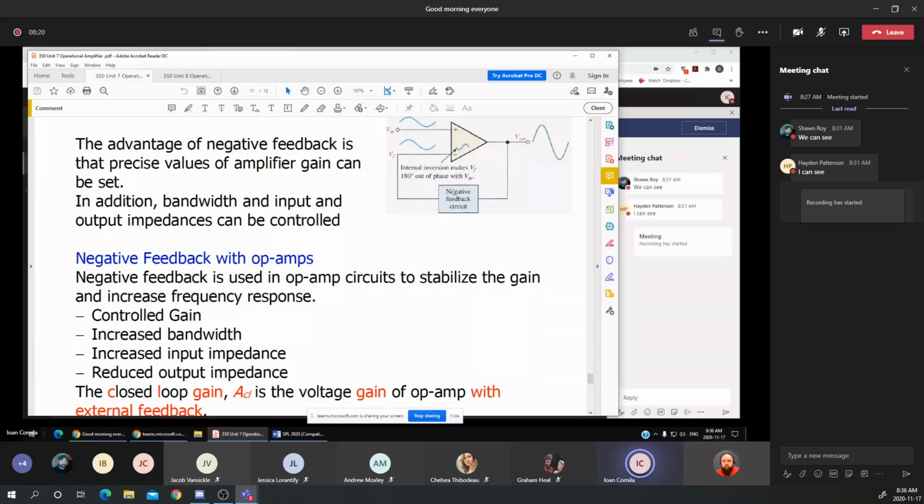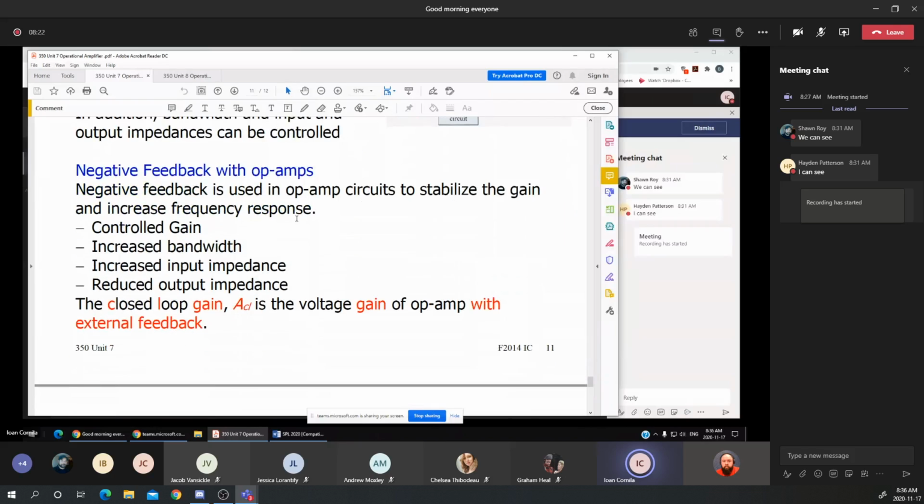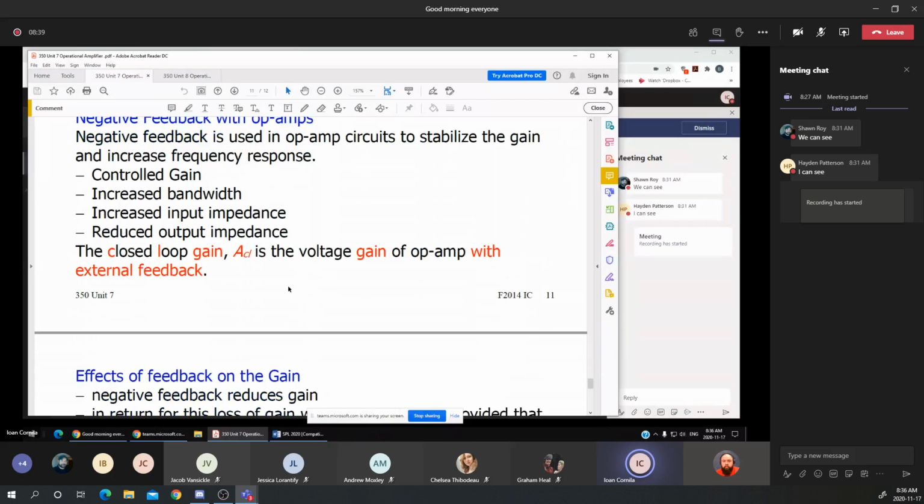inputs of the op-amp. Other advantages of using negative feedback are increasing the bandwidth, increasing the input impedance, and decreasing the output impedance. Remember that we have the AOL, the open-circuit gain provided by the manufacturer.